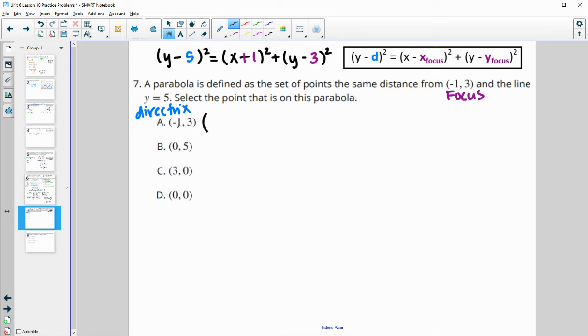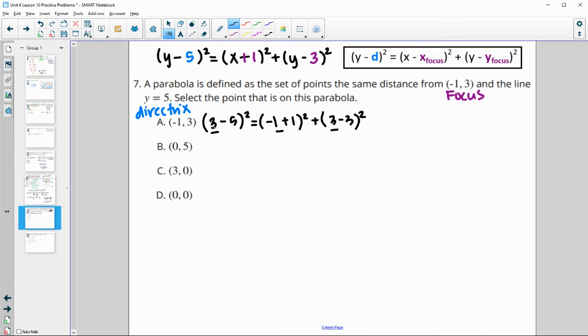So we would have our y coordinate 3 minus 5. So we're just going to plug into this equation. Should equal our x coordinate -1 plus 1 squared plus our y coordinate 3 minus 3 squared. So just taking the xy and plugging it into this equation we just wrote.